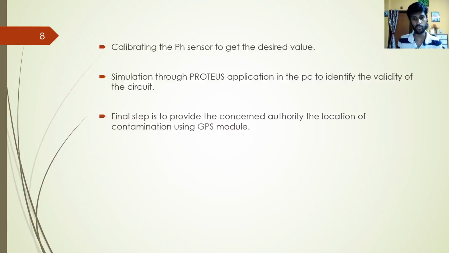By doing this, we can not only check it, but also contact the authorized municipality to come and make the water clean, or to make the society a better place to live with good water.